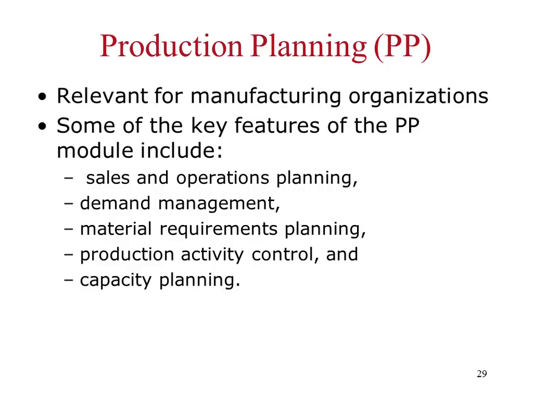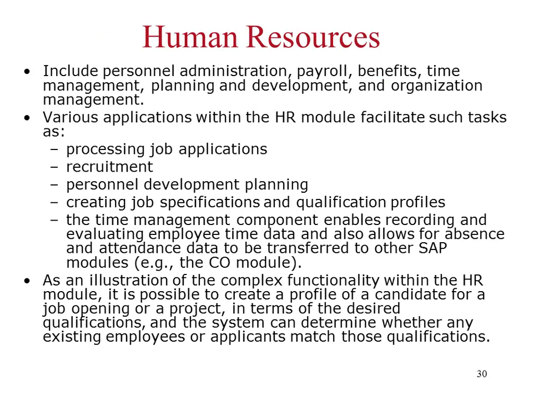You look at the demand for your products, what materials you need for this product, what the prices are, how much of those materials should be in your current stock, and so on. So demand management, capacity planning, sales and operations planning. All the things related to manufacturing are handled by this module.